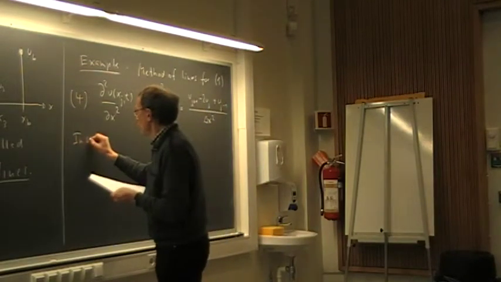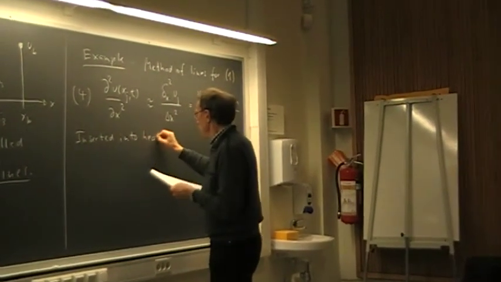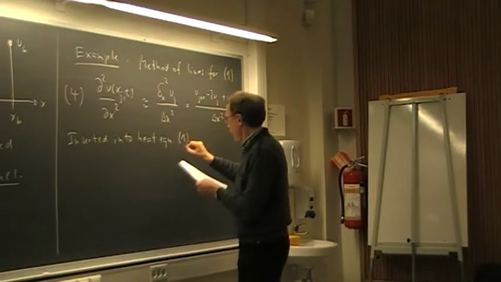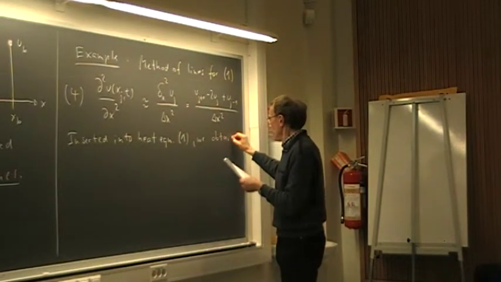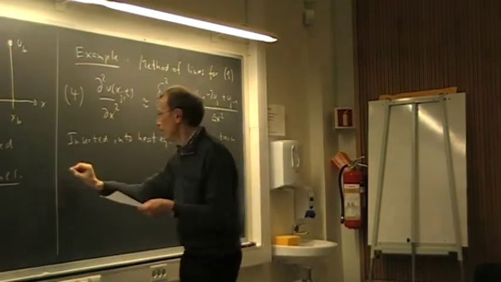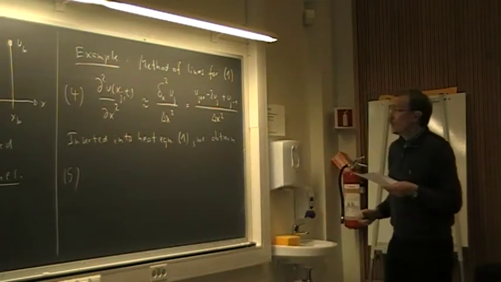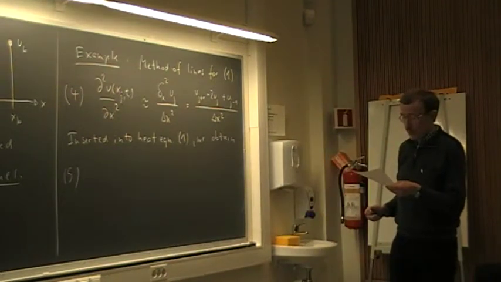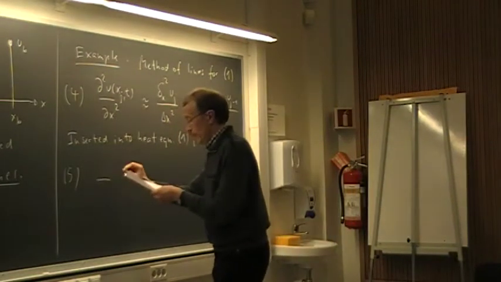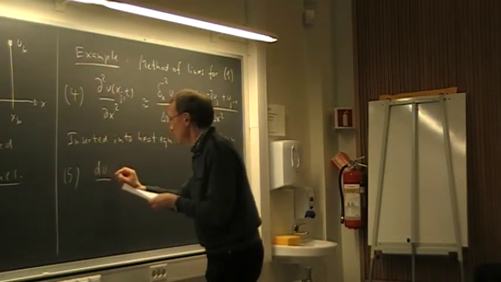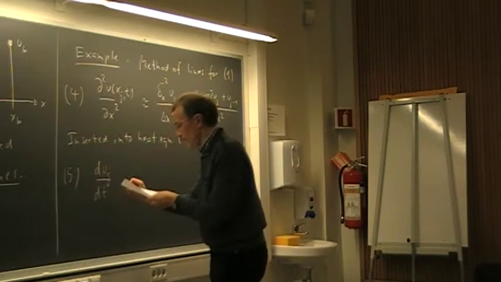Insert it into 1, we obtain the following. So we have the time derivative of u at the grid point j, that is duj dt.